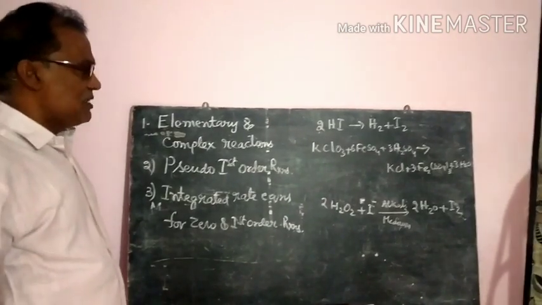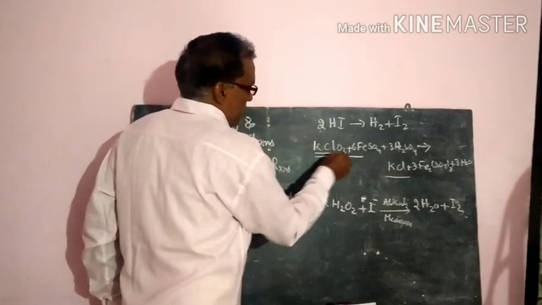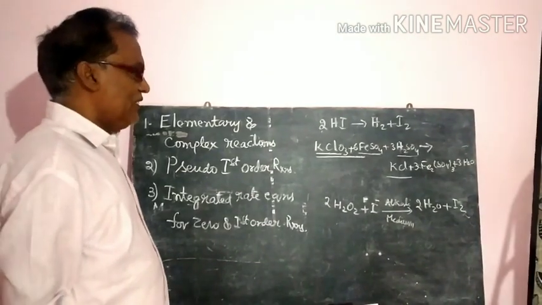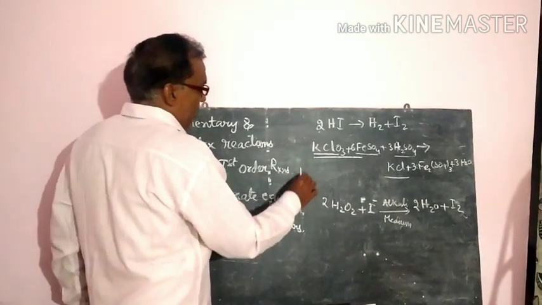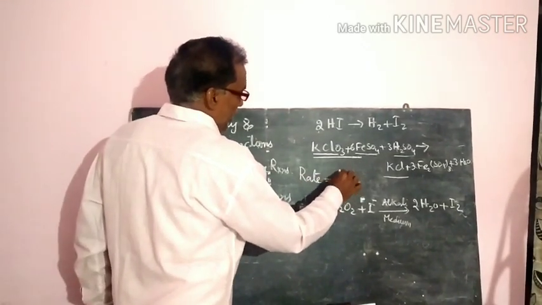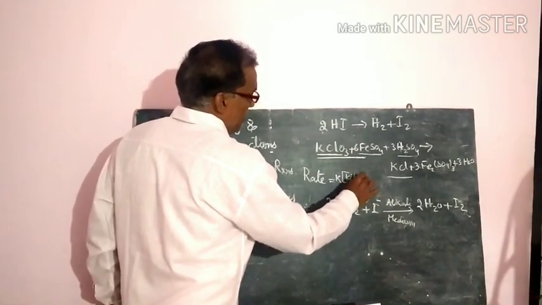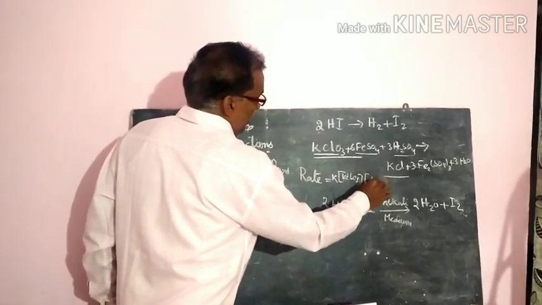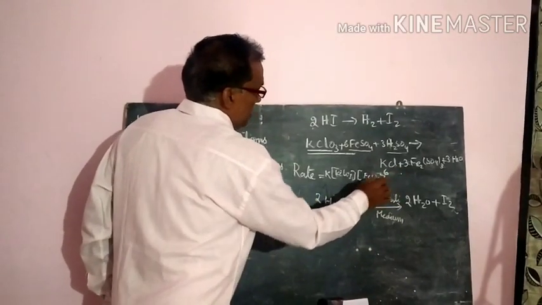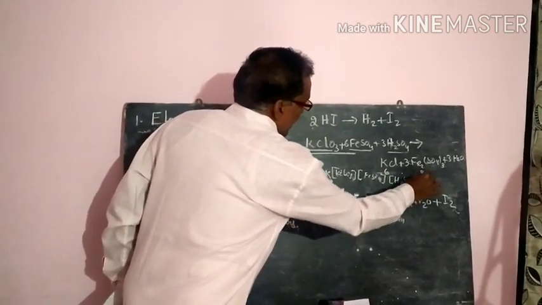Pseudo order reactions means, suppose you take this reaction, with reactants KClO3, FeSO4 and 3 times H2SO4. If you write the order of the reaction, that is the rate law: rate = k [KClO3] [FeSO4] raised to 6 and [H2SO4] raised to 3.